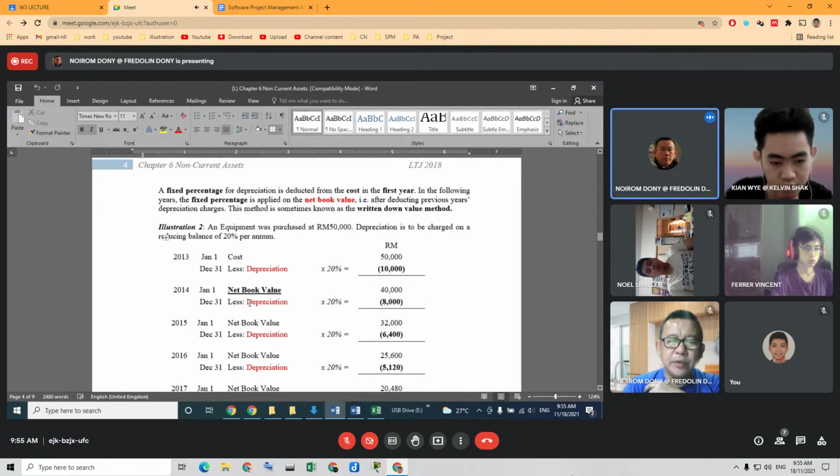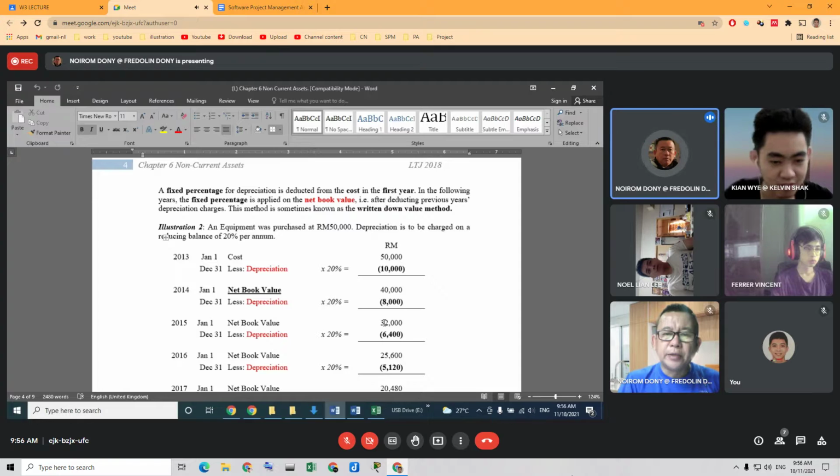Less depreciation, with the value based on the net book value: 40,000 times 20%. Remember, the note says second year onwards, so second year, third year, fourth year, we use the net book value. 40,000 times 20% is 8,000. So 40,000 minus 8,000, net book value in 2015, 32,000.